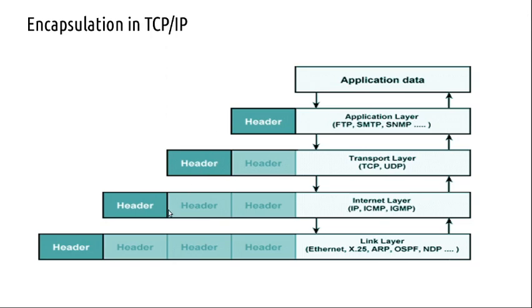While the data is being sent from the sender side, each of these layers will add its header. That's how it will communicate with the peer process on the receiver side. Hope this terminology is okay with you. At the receiver side, this particular header will enable this application layer to communicate with the application layer on the receiver side. So sender side this arrow, receiver side this arrow.